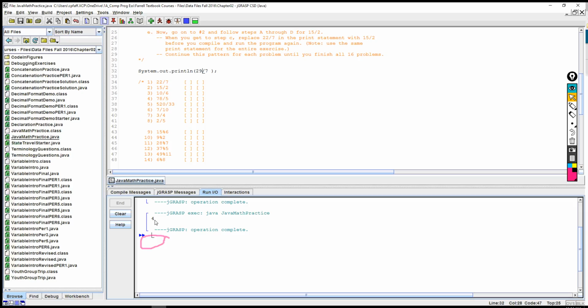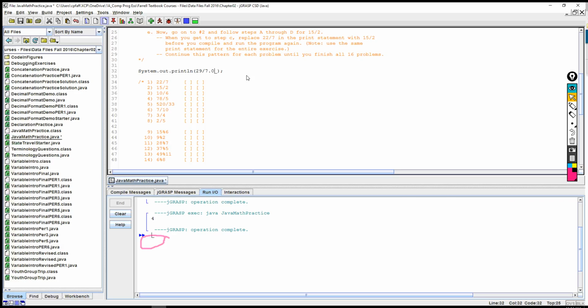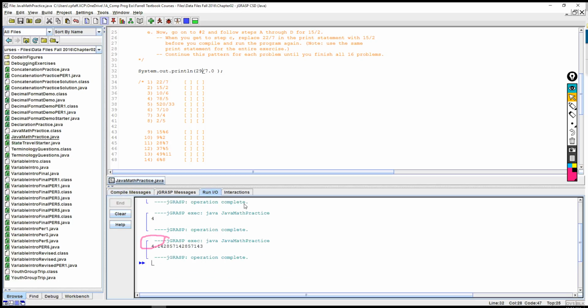Because it's an int divided by an int, it's an int as a response. But if we change one of these to a .0, now the 29 has to convert to 29.0, and a double divided by a double is a double. So now you should have a decimal, which you do right there. That's what's happening.